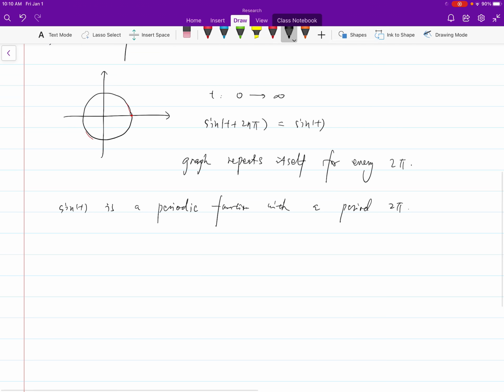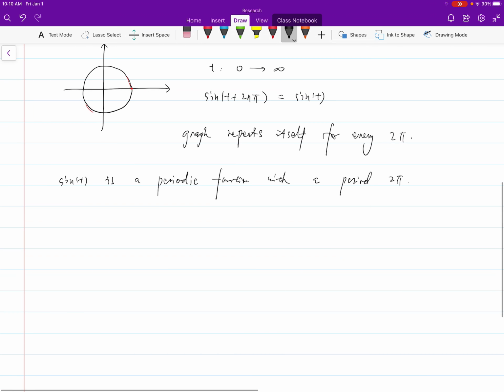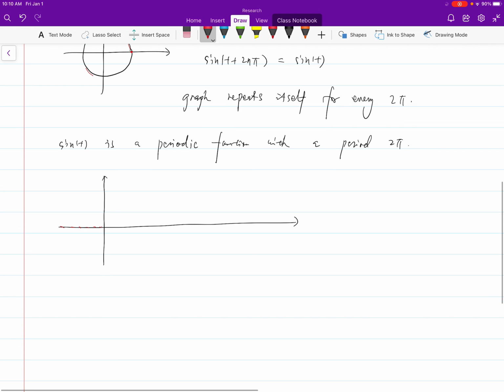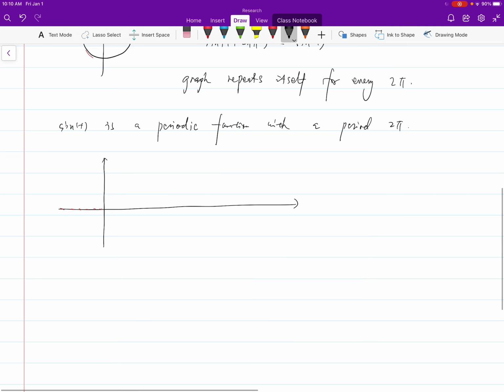We can have other periodic functions with a different period, but basically the core concept is that a periodic function is a function which repeats itself after a fixed interval. Okay, this means if we want to draw the graph of sine, number one, we don't have to worry about anything to the left. As long as we figure out anything to the right, we just use the odd function property, we can get the other one. Second, even for this one, we can cut it into intervals of 2 pi, 4 pi, 6 pi.